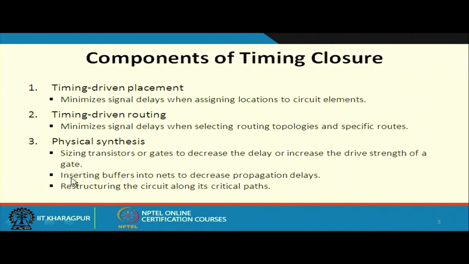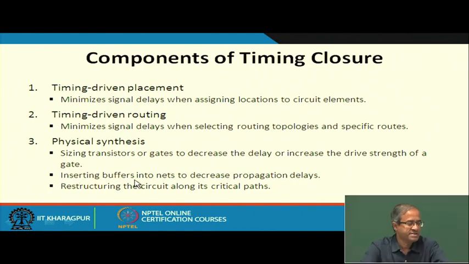The second one we talked about when we discussed the clock net design: whenever we have a long wire, the propagation delay may be higher, so it is always good to insert buffers in between, so as to decrease the overall propagation delay. And thirdly, we may have to restructure a circuit along the critical path. This also we shall be discussing later. But broadly, these are all techniques using which we can reduce the delay of a circuit.